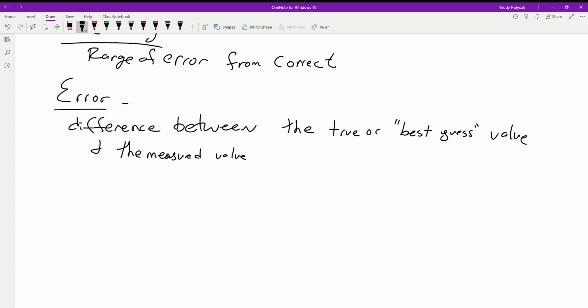So again, that's what you guys are testing. How far off are they? That's where our plus and minus 10% comes into play.